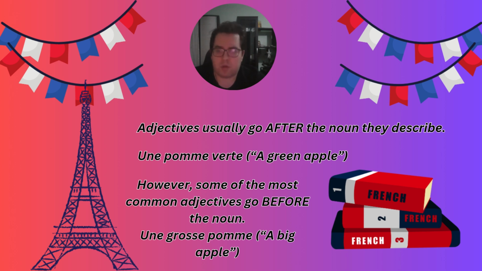Une grosse pomme, a big apple. Now, keep in mind that it doesn't mean that the adjectives placed before the noun cannot go after the noun. They can also go after the noun. There's nothing wrong with that.